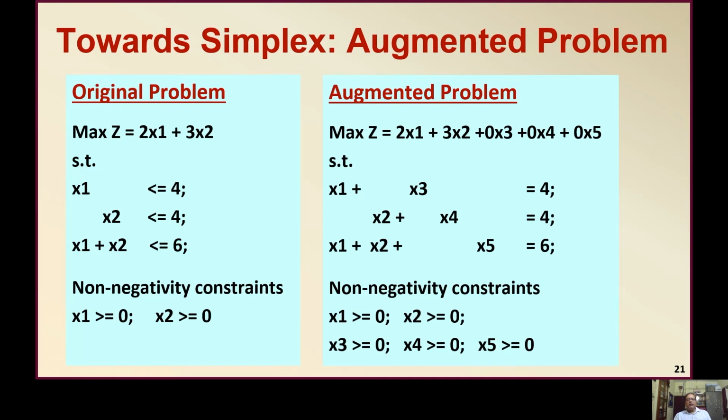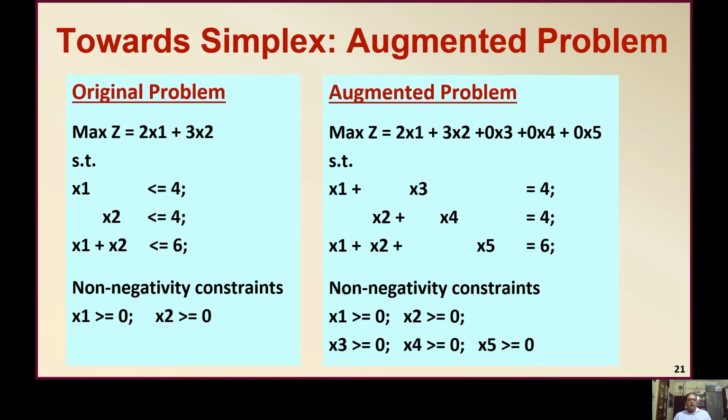They are the slack variables. Remember, these 4, 4, 6 are nothing but the resources. So sometimes these variables are called slack variables. They can also be called unused resources, or they can also be called a fictitious product for which only one unit of the corresponding resource is required.